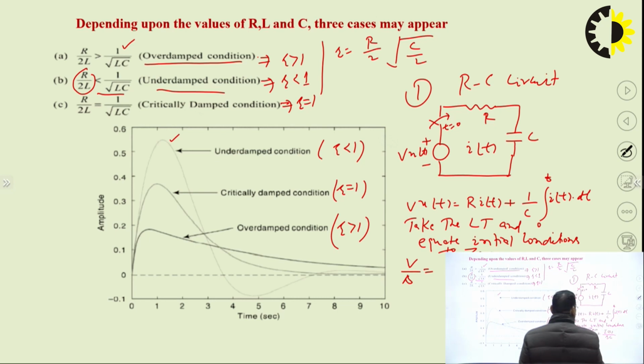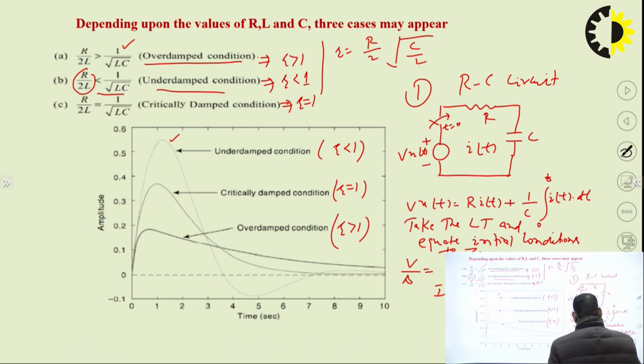And we can find the value of I(S). So I(S) is V by S divided by R plus 1 by SC.